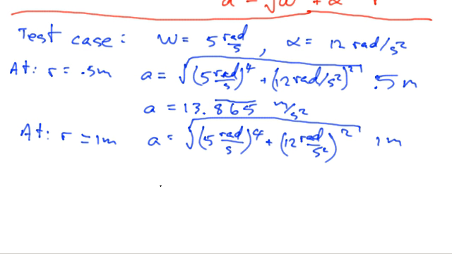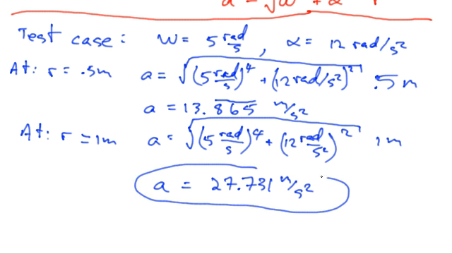You get a equals 27.731 meters per second squared. So that's our other answer, also good to 3 sig figs.